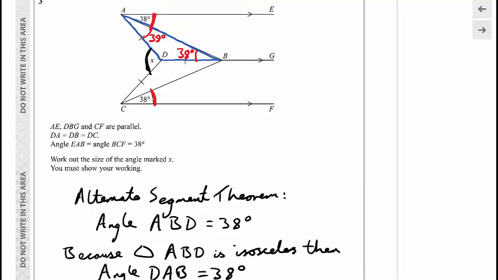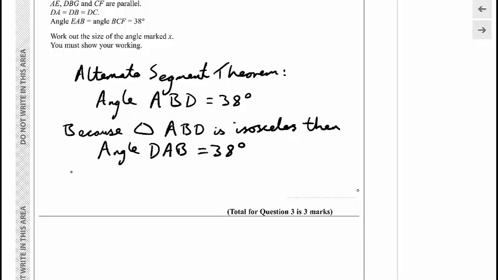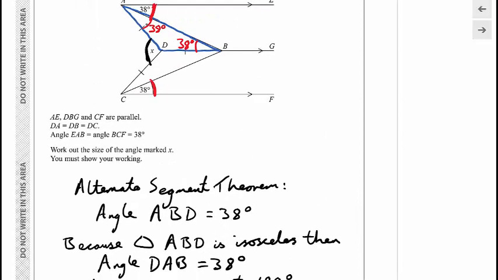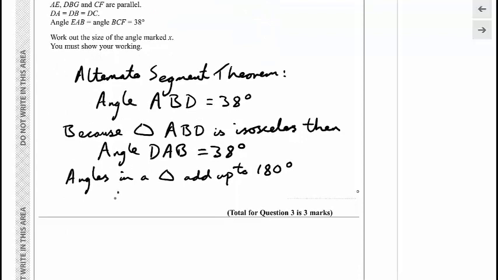Okay, so therefore I know that angles in a triangle must add up to 180 degrees. So I can say that angles in a triangle add up to 180 degrees. So therefore I can say that I've got two angles being 38 degrees, so the third angle must be 180 minus 38 times 2, which I think comes out as 104.